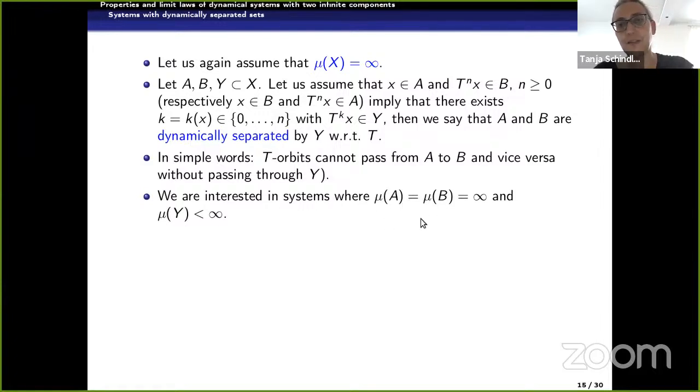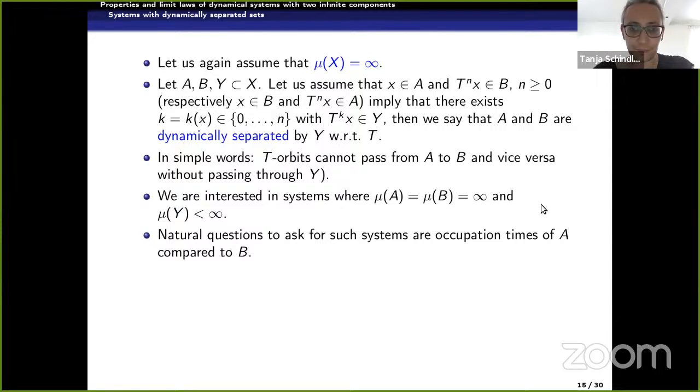So what I would call components would now be this infinite set A and infinite set B. And so, for example, one natural question for such a system to ask would be to compare the occupation time of A compared to B. So how long on average does the system spend on A and how long on B?